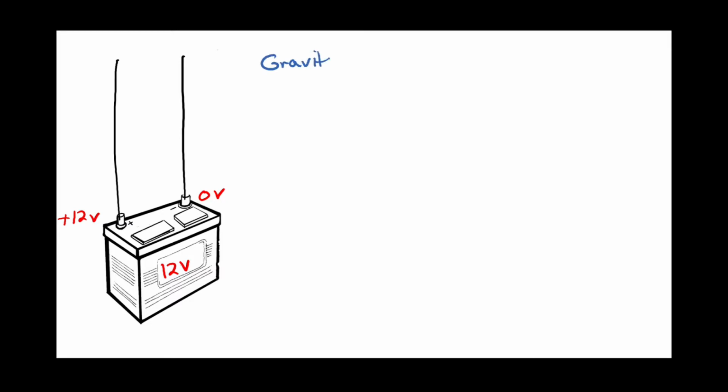Gravity has something called gravitational potential. Gravity potential is related to the height. If I have a platform with a ball on top of the platform or on the ground, and on the left it has a height of 0 meters, and on the right there's a height of 0 meters, the ball will stay at rest. Nothing's going to make this ball want to roll.